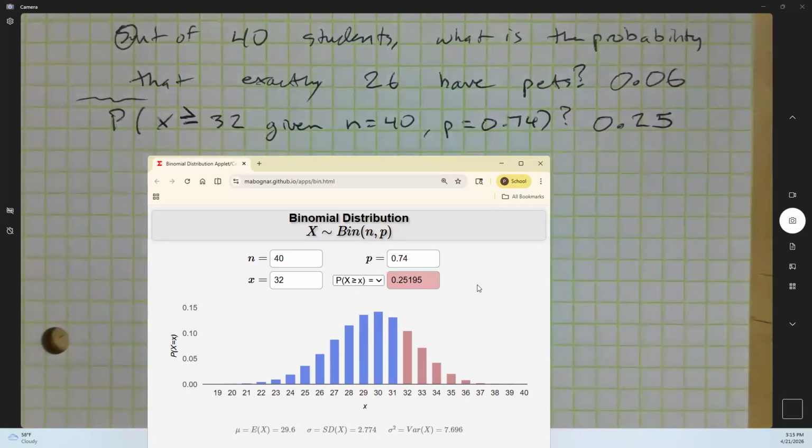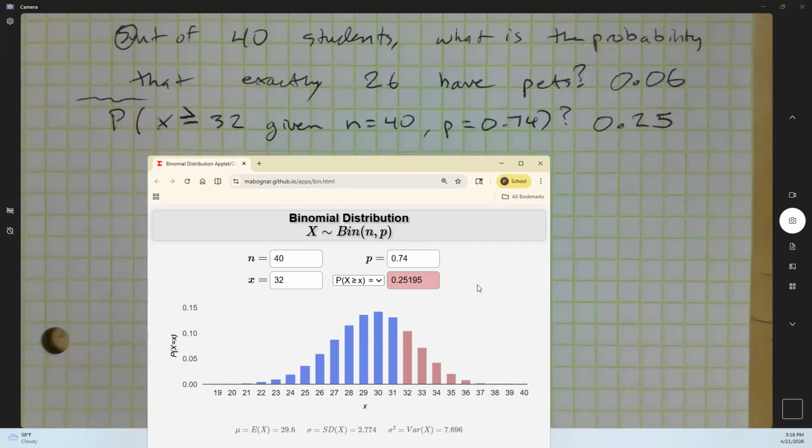I'm pretty liberal with my rounding because it's probabilities. I don't expect it to be exactly 25.195% of the time, right? It's going to be roughly a quarter of the time. Your online homework might be picky about how many decimals you have to use. So we got to live with that. And if it frustrates you to no end and you bring it to me and it frustrates me, then I'm just going to withdraw the question. But each time I teach this class, I find the ones that drive me crazy and I pull them out.